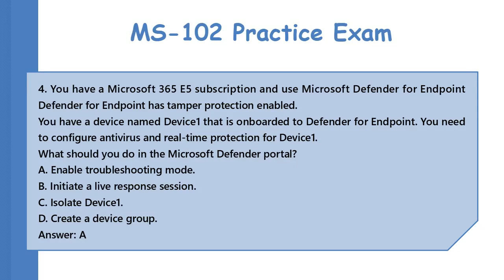What should you do in the Microsoft Defender portal? A. Enable troubleshooting mode. B. Initiate a live response session. C. Isolate Device 1. D. Create a device group. Answer: A.